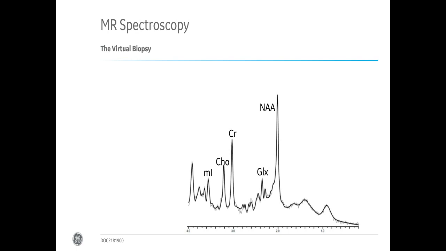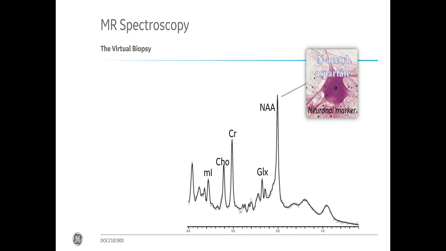So, as I said, this is a classical spectrum we get, and within this spectrum we have a lot of metabolites, so a lot of peaks, and we know to which kind of metabolite these peaks belong.